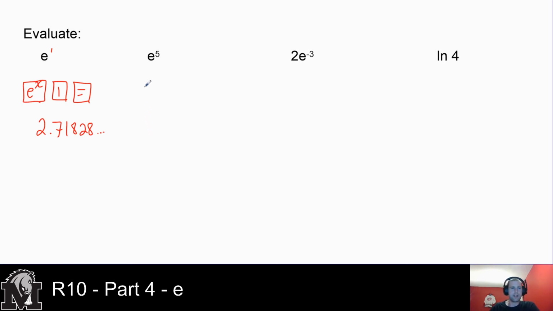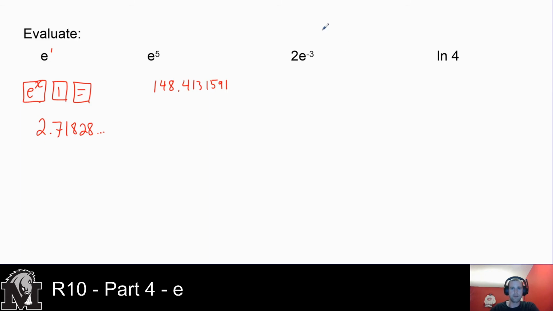So just take a moment to evaluate these next two in your own calculator, because it's important that you're able to do it on your own. So e to the power 5 is 148.413151.